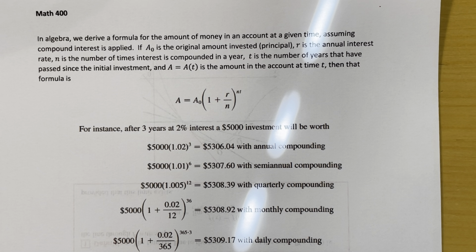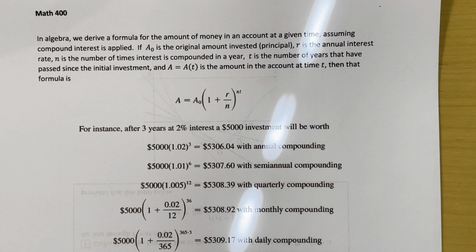Compound interest is when you earn interest in an account, and that interest is always calculated against the current account balance, as opposed to the original investment amount. So when interest is first compounded, your account balance will grow by a little bit, and then the next time interest is computed, it's computed against the total amount that's now in the account, as opposed to what it originally started with.